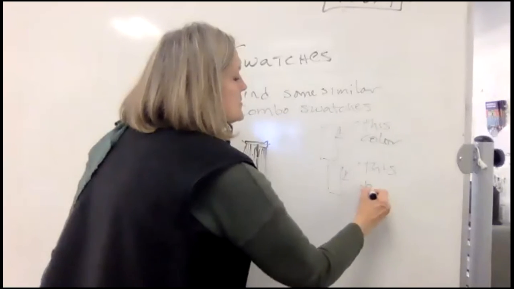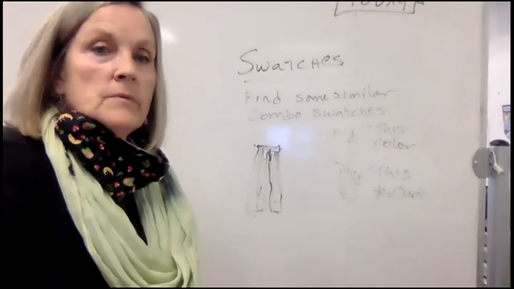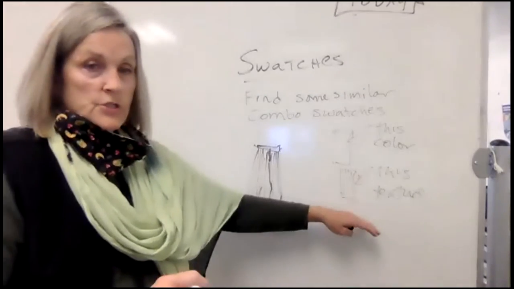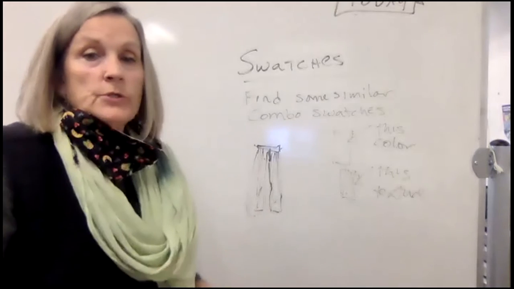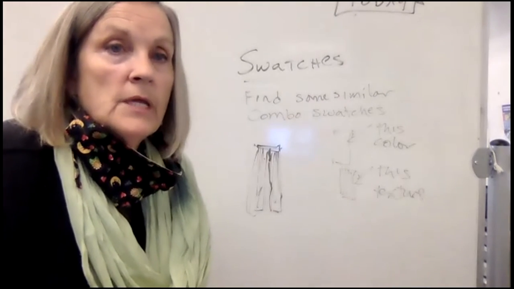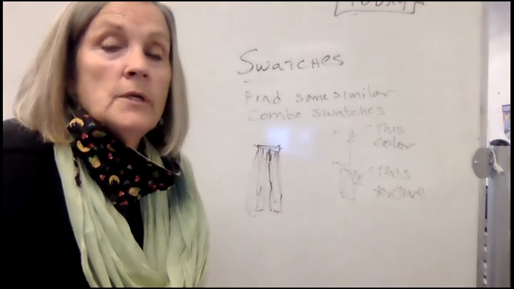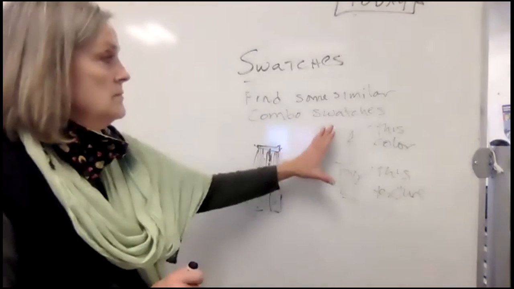If you had the exact green that you wanted, but it was not corduroy, and you had a piece of corduroy, but it happened to be, I don't know, black corduroy, then you could have both of them, so it would look like this color, with this texture. Yeah, absolutely. That would really help so that you could actually see something like that.